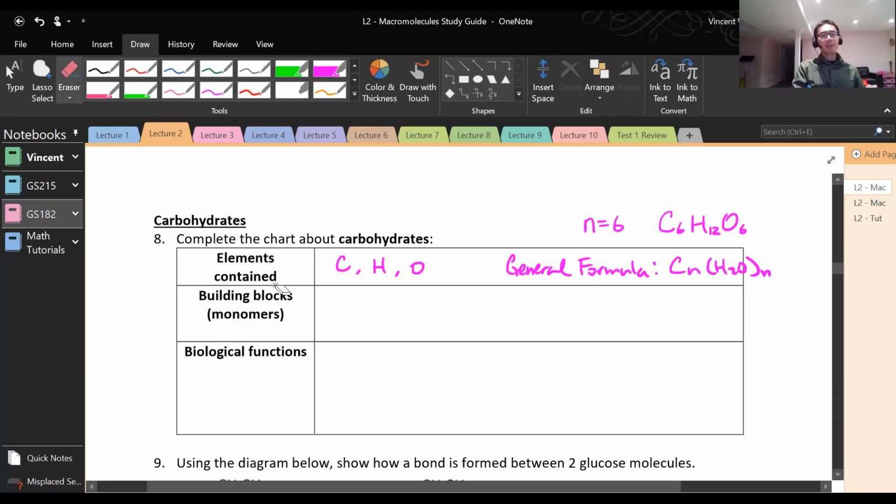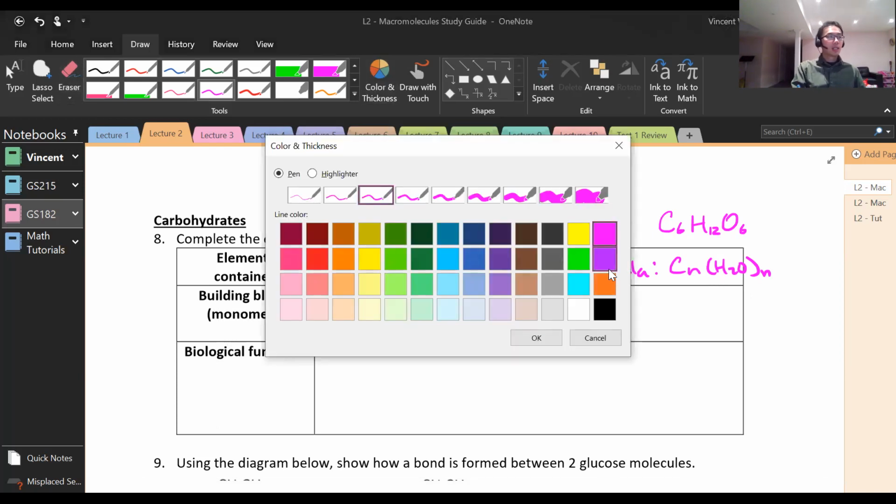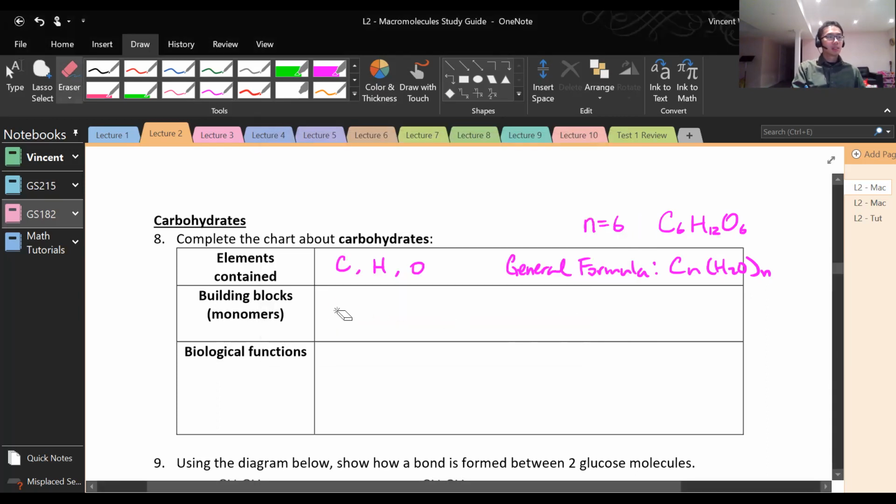So what are the building blocks of carbohydrates? What are the monomers that we use to make really, really big carbohydrates? There are three that we talked about in class. Does anybody remember what they are? Glucose is correct.